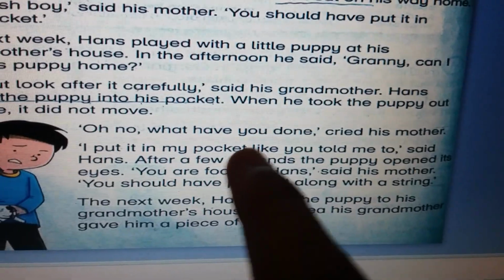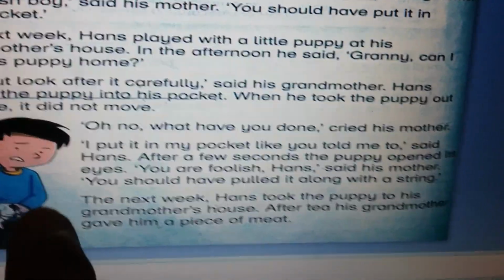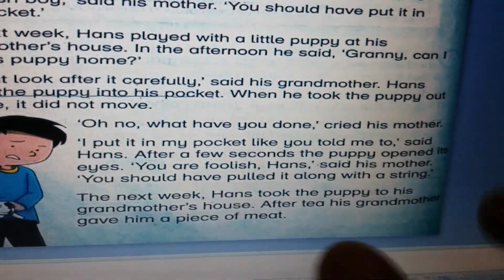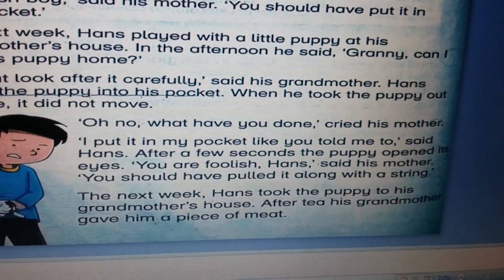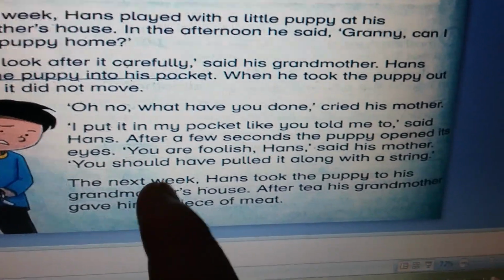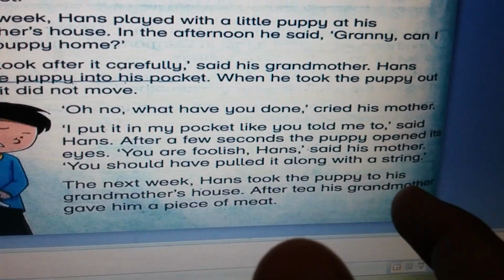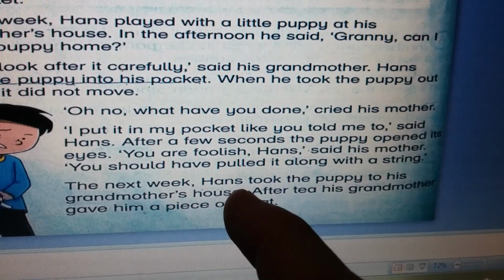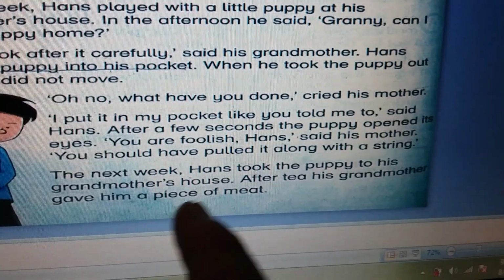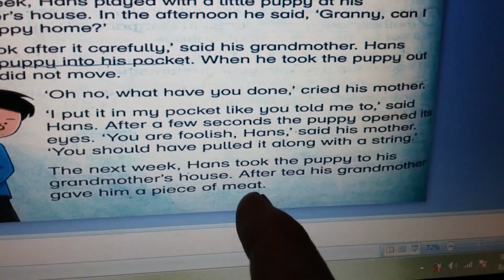What did his mother advise him? That you have to tie it with a string, with a rope, and drag the puppy with it, or the puppy will follow you. The next morning, Hans took the puppy to his grandmother's house. After tea, his grandmother gave him a piece of meat.